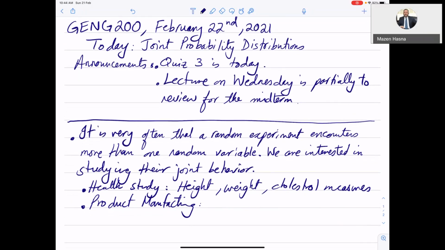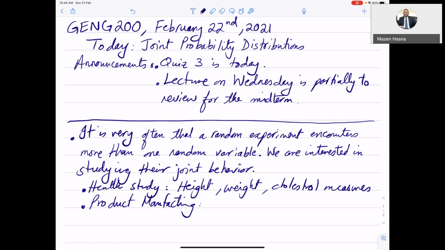It's very common that we will not be studying a single random variable at once. Usually random experiments encounter more than one random variable at the same time. And very often we want to study their joint behavior and check how they affect each other, are they related, are they independent, and so on.